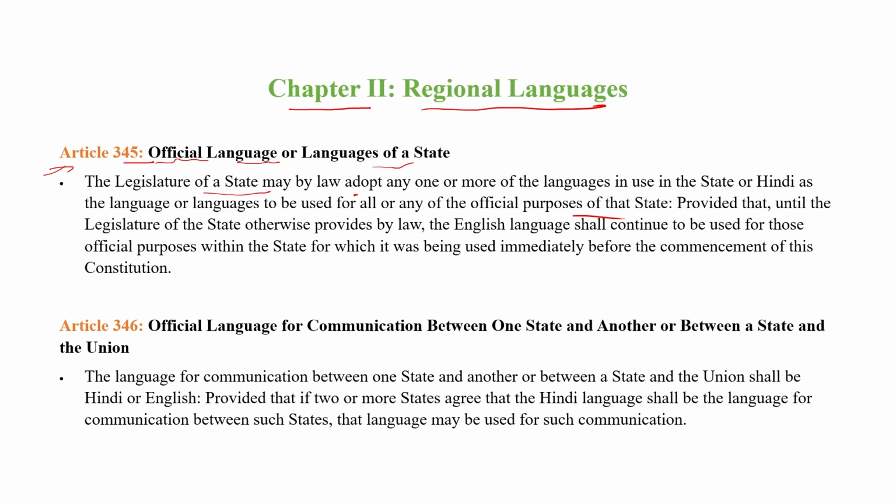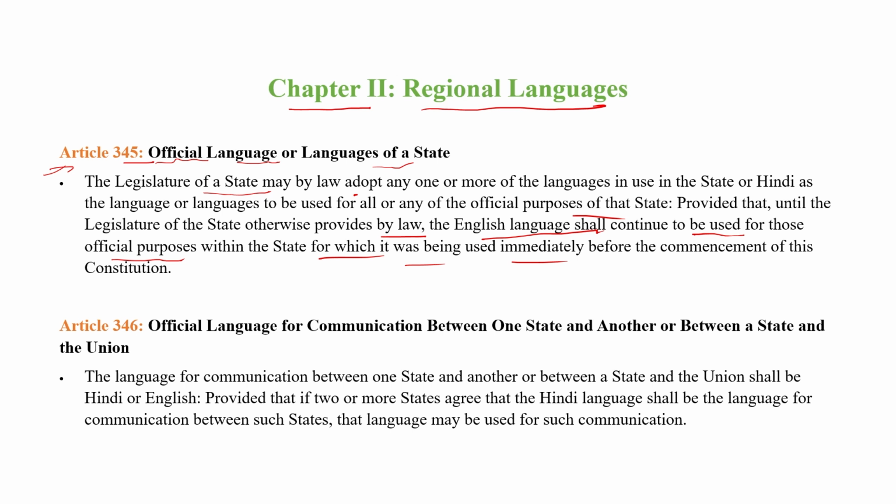It also says that until the legislature of a state decides the language of the state by law, English shall continue to be used for those official purposes within the state for which it was being used immediately before the commencement of the Constitution. Clear?